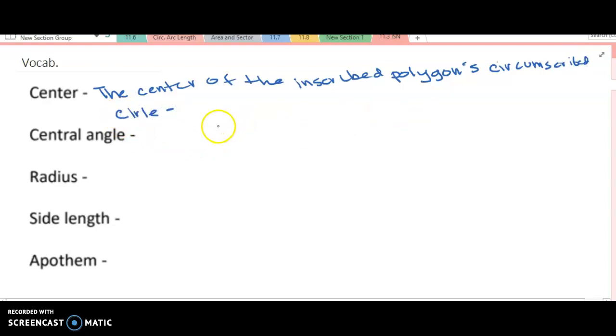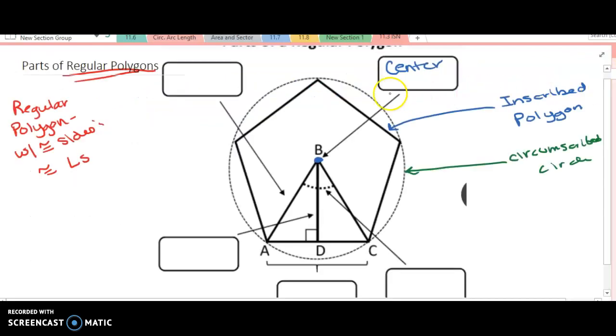And because it's the center of a circle, we know it is equidistant to each vertex. That means from here to this vertex is the same as from here to this vertex, from here to this vertex. Those are all equidistant because think of it as just the center of a circle.